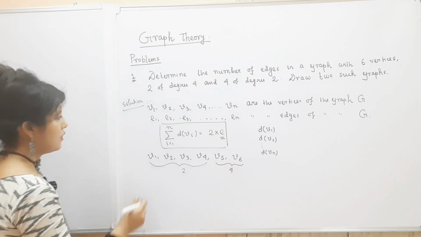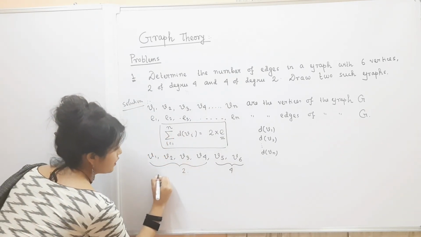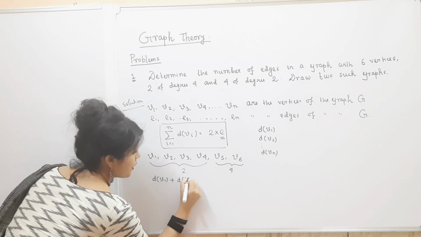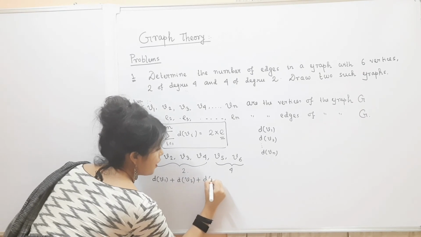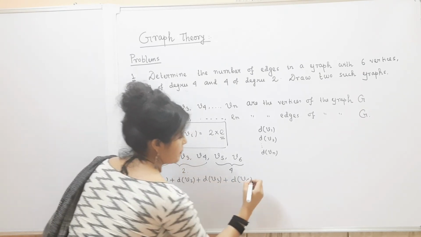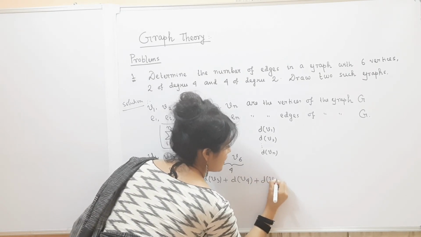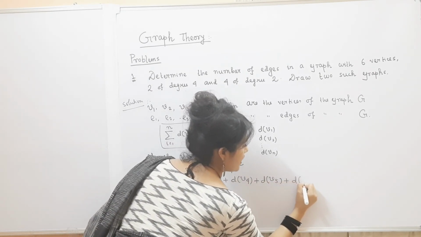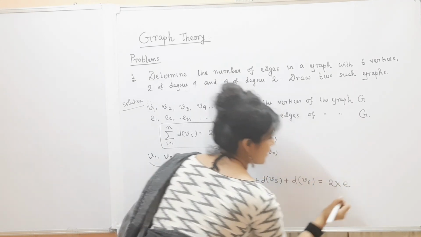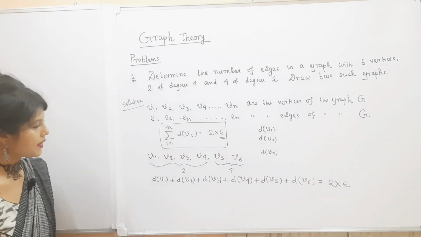According to this theory, degree of V1 plus degree of V2 plus degree of V3 plus degree of V4 plus degree of V5 plus degree of V6 is equal to twice E, where E is the number of edges of the graph.